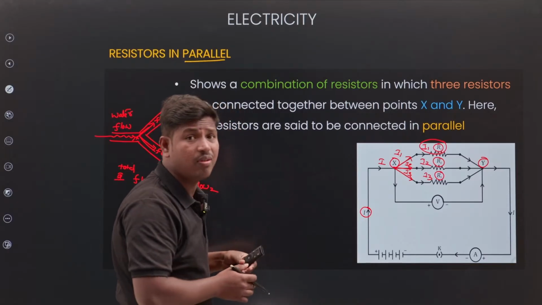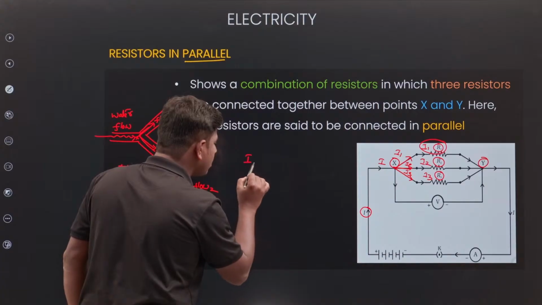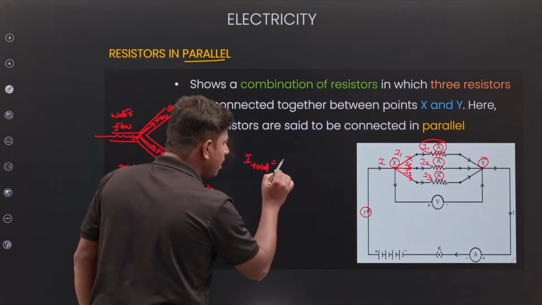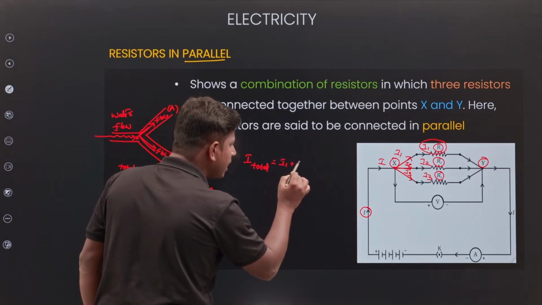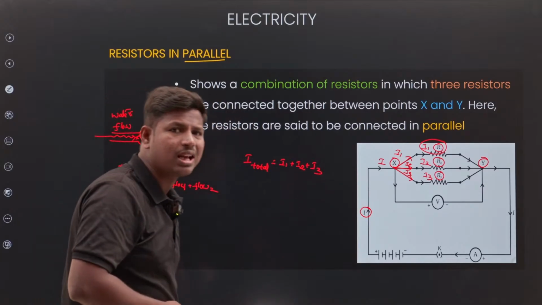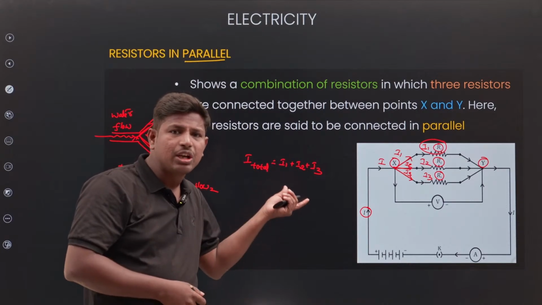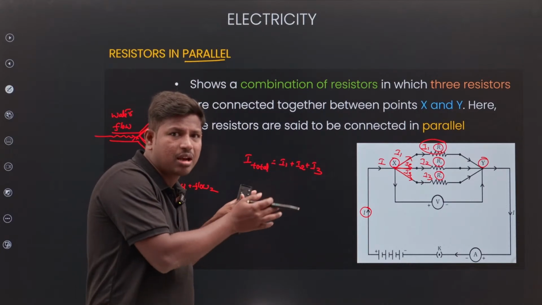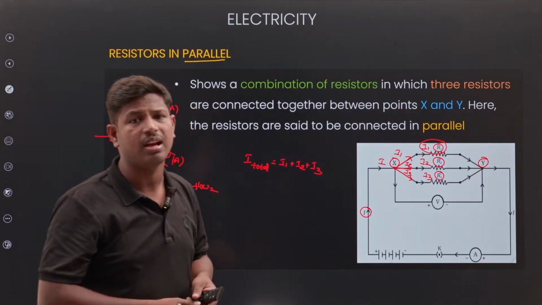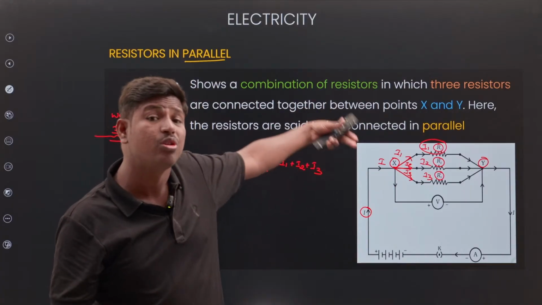And what is divided? Current is divided. Then what is the total current? The total current in the circuit is equal to I1 plus I2 plus I3, because only the current is dividing. Initially, with series, potential is divided, so the total potential in the circuit V is equal to V1 plus V2 plus V3.